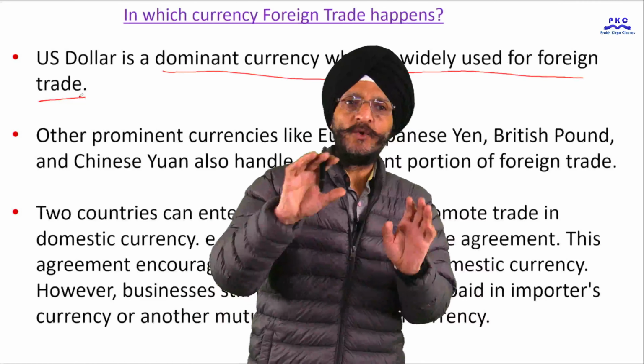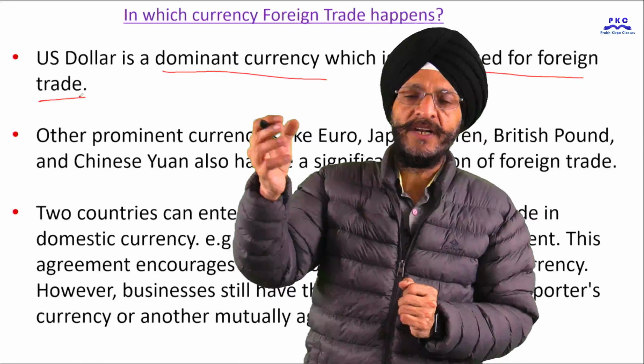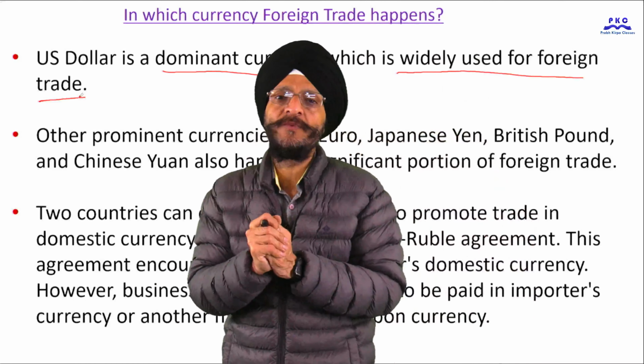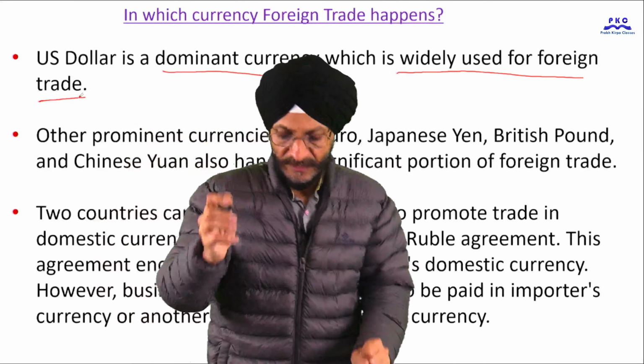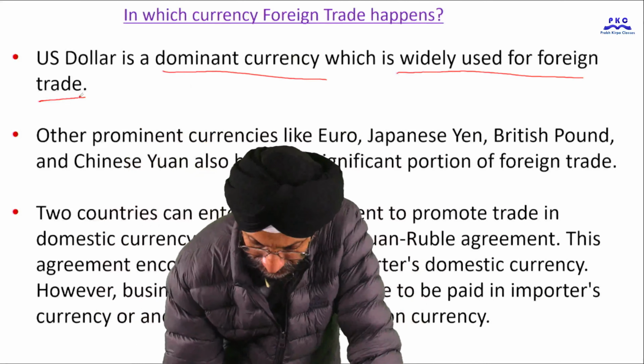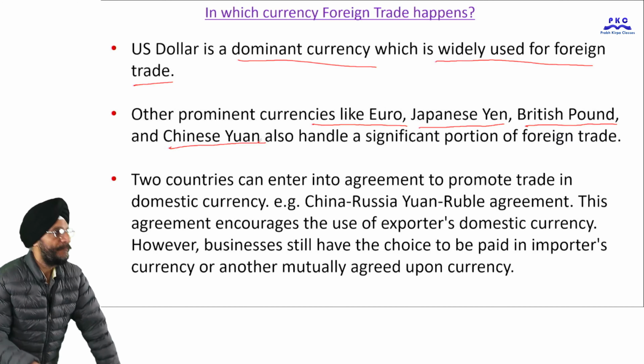It is not that the US dollar is the only currency used in foreign trade. Other currencies also play an important role in the forex market in import and export. Other prominent currencies are euro, Japanese yen, British pound, Chinese yuan, ruble also.